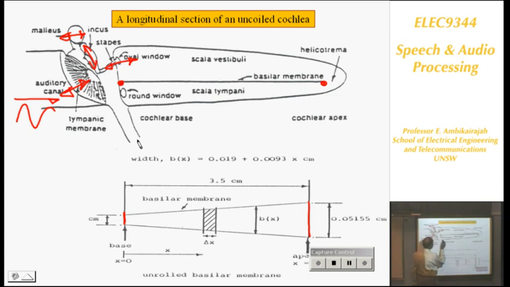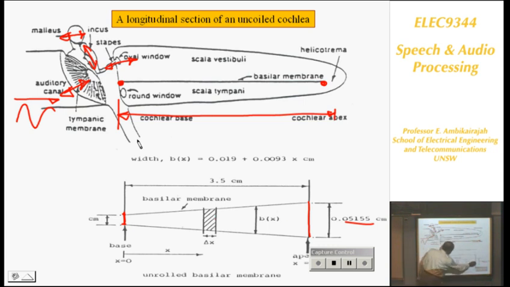The length, from there to there, is 3.5 centimeters, and the width increases as it goes along. So the shorter the width, the higher the frequency, and the higher width, about 0.015 centimeter, the lower the frequency.